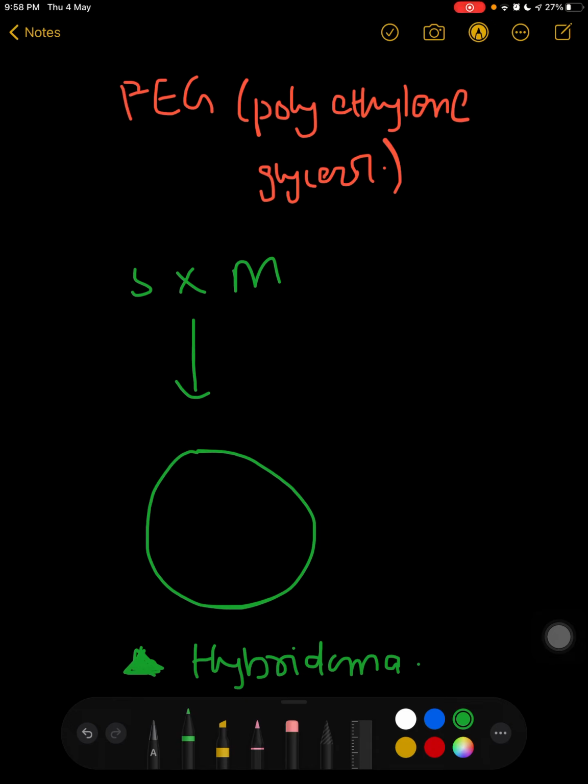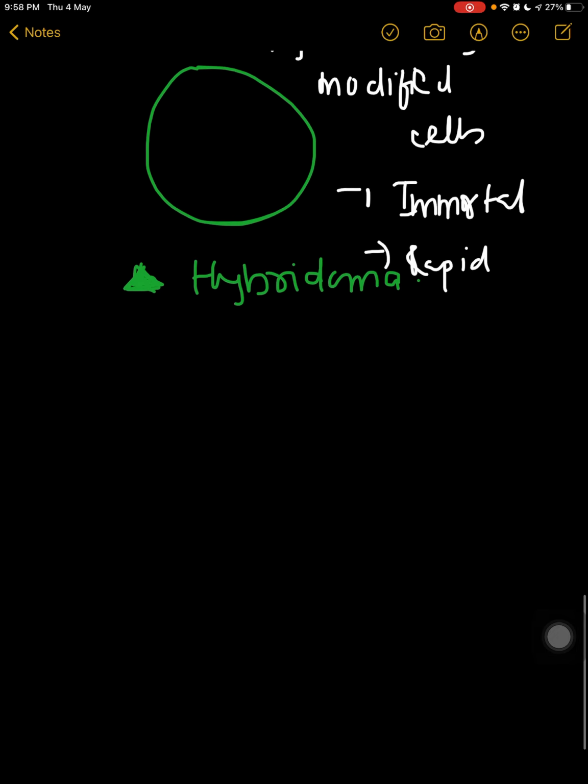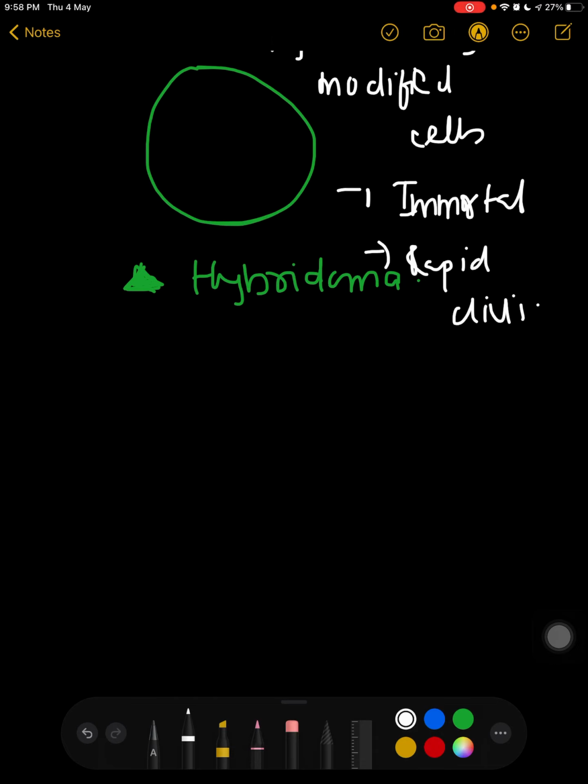This cell is known as hybridoma, and it is a genetically modified cell. Basically it has 2 to 3 qualities: it is immortal, it can do rapid division, and it can produce antibodies.